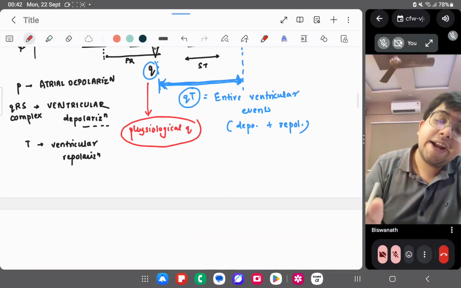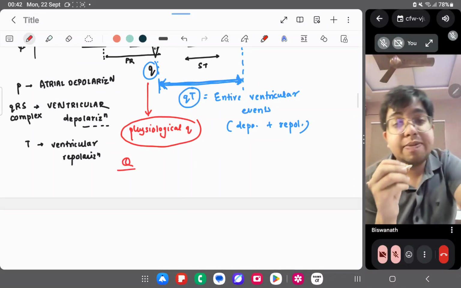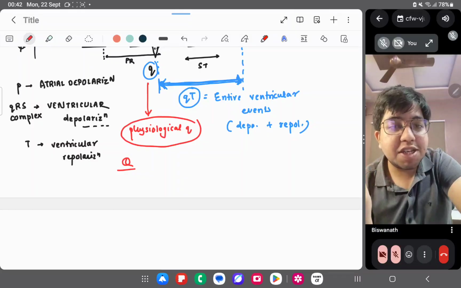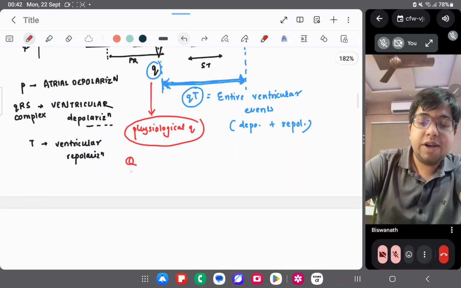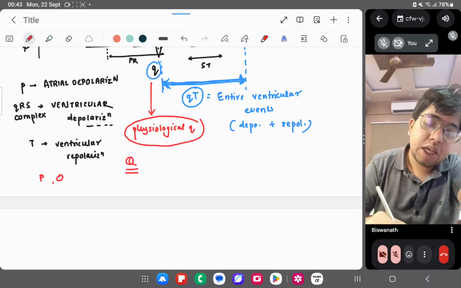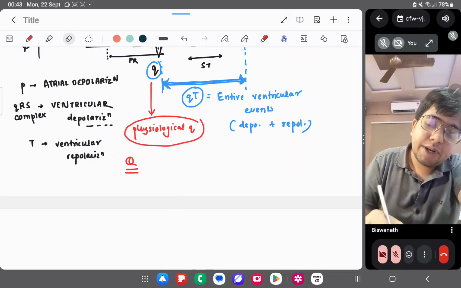But whenever I write Q, I'm sure you must be writing this Q starting from your first year, or from class 11 or 12, whenever you first read ECG. You must be writing P, QRS complex, T wave like this. But this Q is wrong.